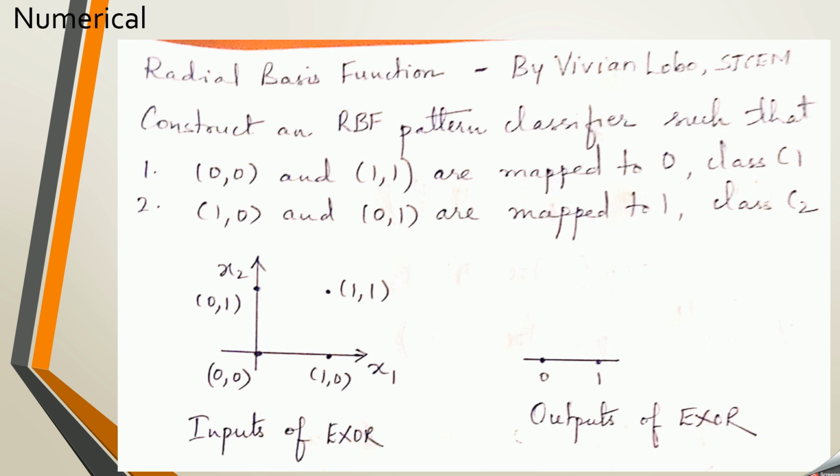So basically we have two classes C1 and C2, and the 4 data points are mapped to these two classes. This is the graph given to us. When we plot this we get 4 points and we are expecting this output, mapped to 0 and mapped to 1. This is basically the XOR function.